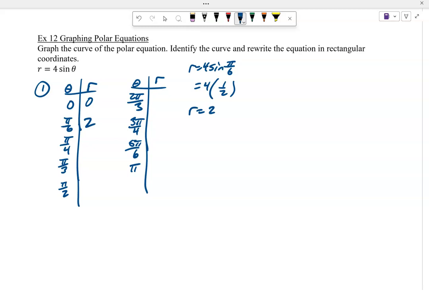So I get 2 root 2, which is about 2.8. I plug in pi thirds, I get the sine of pi thirds. I multiply by the 4 in front, so I get 2 root 3. Sine of pi halves, which is 1. 1 times the 4 in front is 4. And so on. There's some of these here.